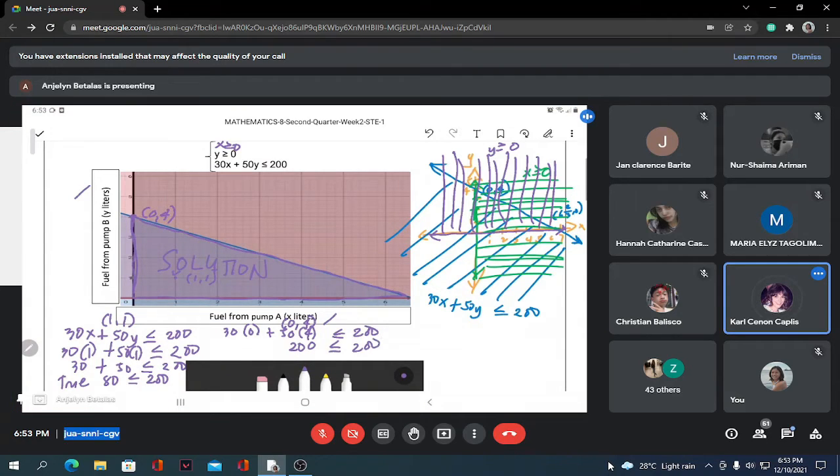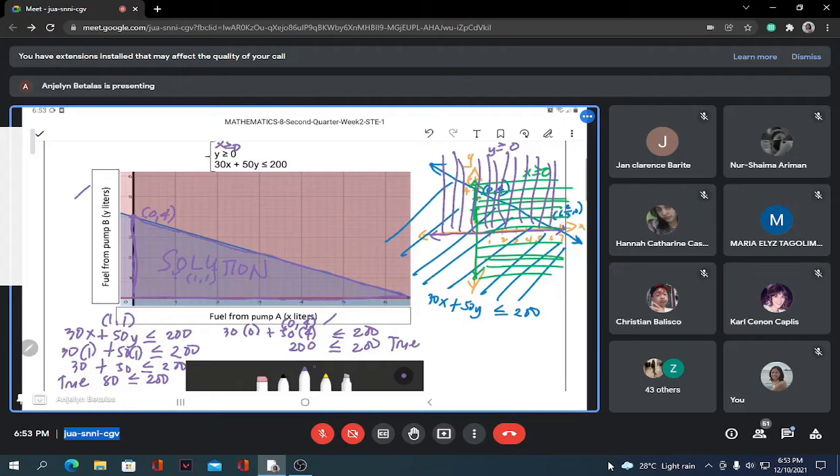Is this true? 200 can never be less than 200, but what do you think? There is the equal, so it is true. If you buy 0 liters from pump A, you should get 4 liters from pump B.